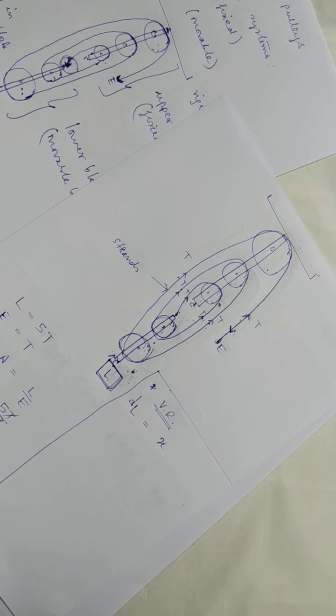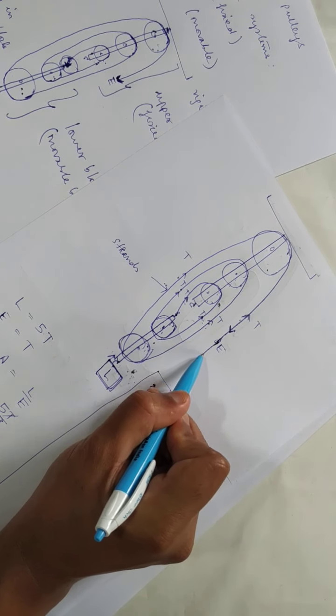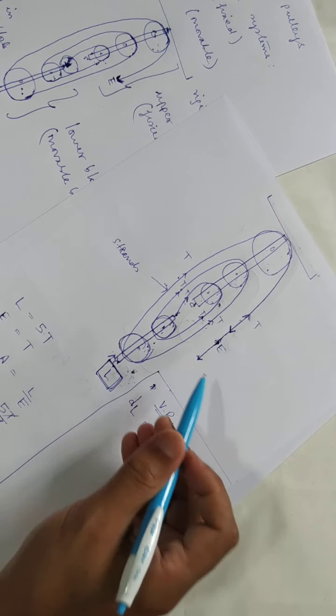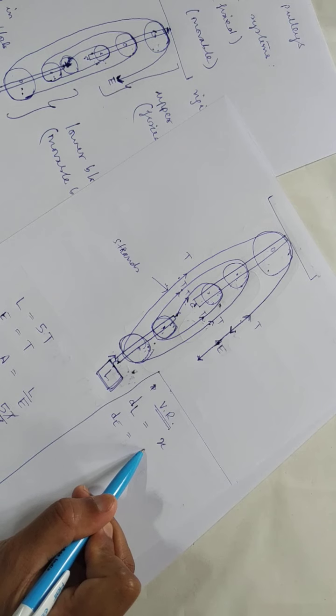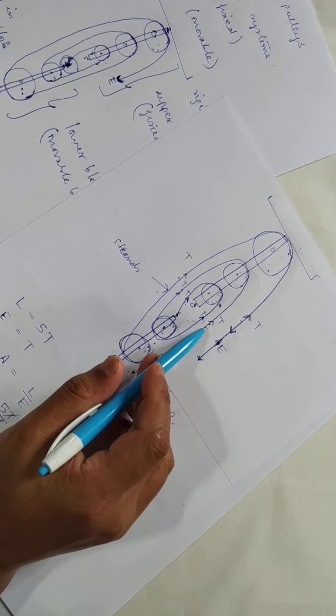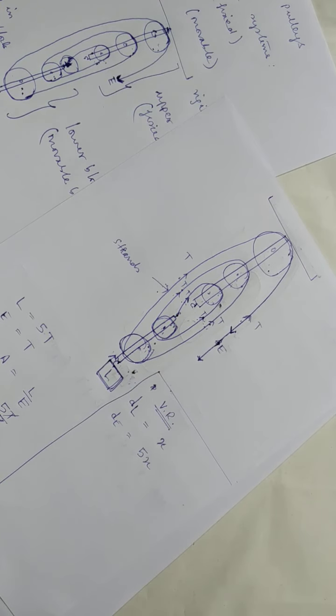Then if you see, each segment of the string which is supporting the load, the effort moves by n number of times. Suppose the load is moving by x distance, so the distance of the effort will be, here in this case, 1, 2, 3, 4, 5, so it moves by 5x.